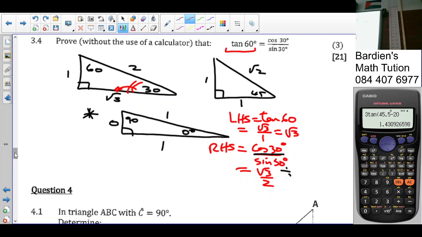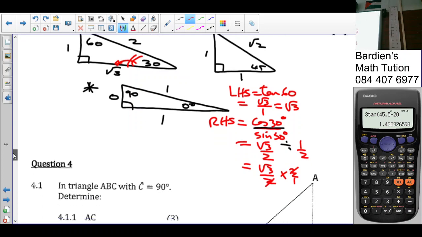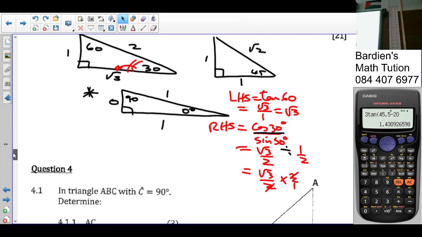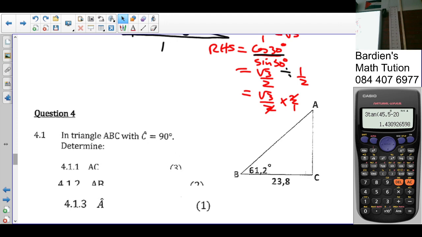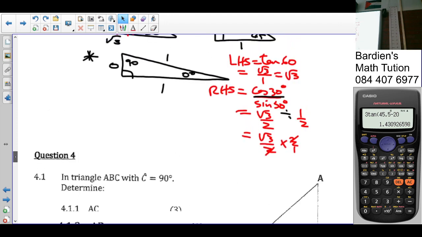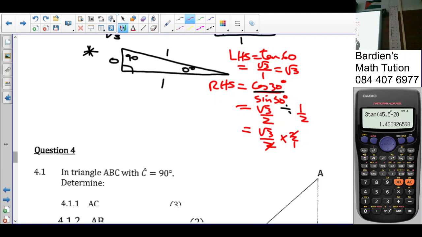Sine of 30 is opposite over hypotenuse, so it's 1 over 2. So that's going to be root 3 over 2 times 2 over 1. It cancels, which in turn equals root 3. You see that the left hand side indeed is equal to the right hand side. So we just conclude that the right hand side equals the left hand side. Alright.